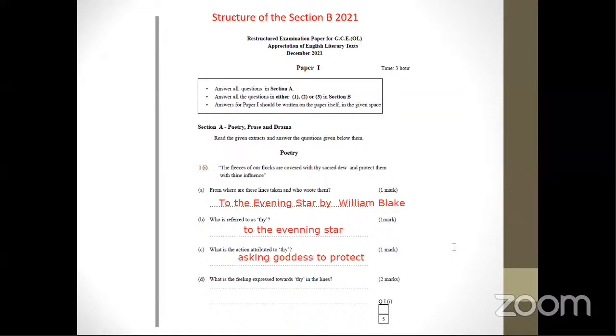Okay, holiness, blessing. Think about the feeling. It is a feeling of honor, holiness, blessing, sacredness, like there's a respect towards the evening star.